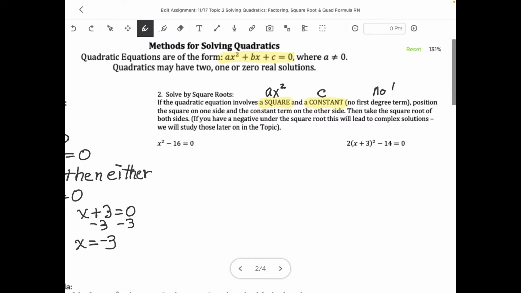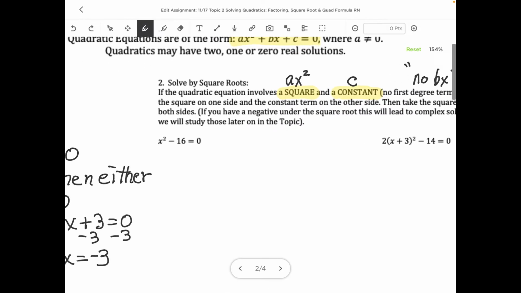But it has no bx. Position the square on one side with the constant term on the other side. Then take the square root of both sides. If you have a negative number under the square root, this will lead to complex solutions or non-real solutions. We're going to pick that up later on in this topic.